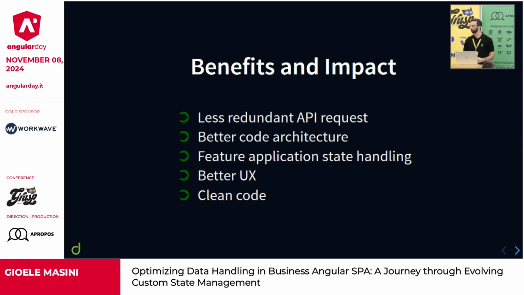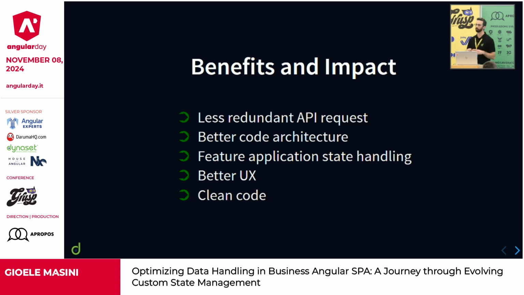We have a better code architecture. As I told you, we have a sandbox, and the sandbox is a good abstract layer to divide our UI logic and our business and API logic.